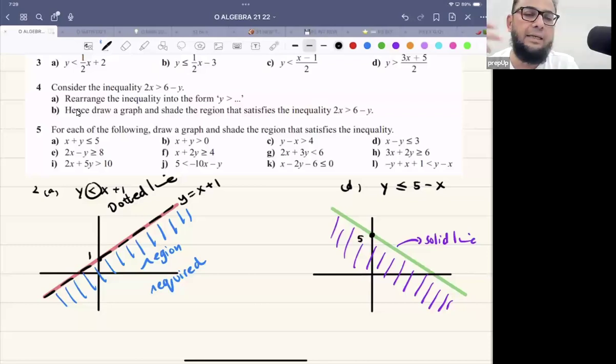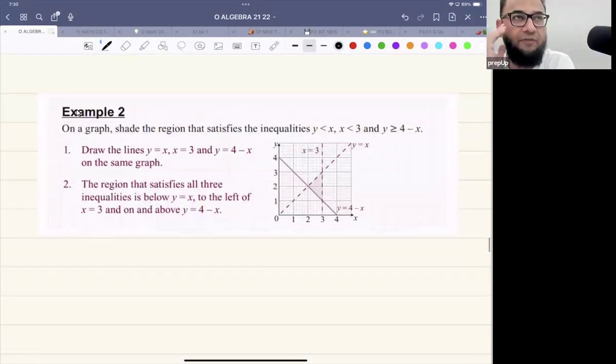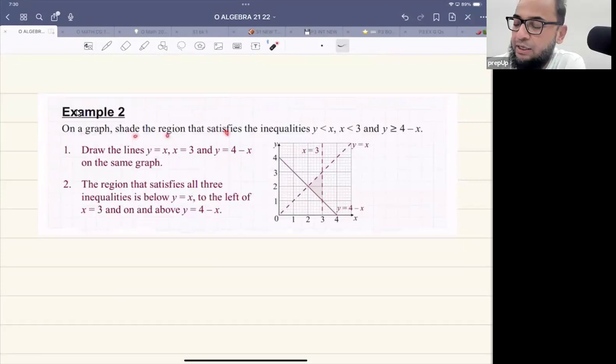And the general idea is that the questions that come are related to a diagram that is already drawn, and then you have to define the region. Now it says on a graph, shade the region that satisfies the inequality.